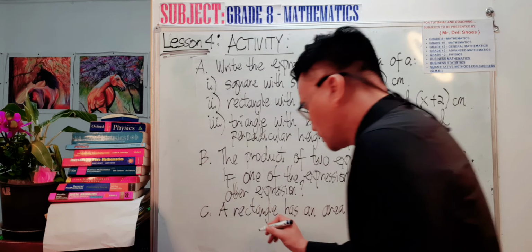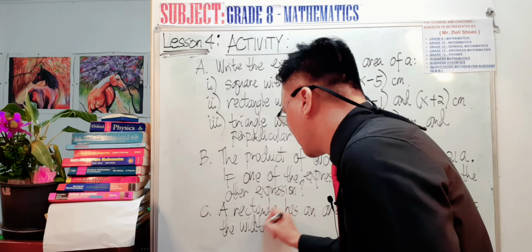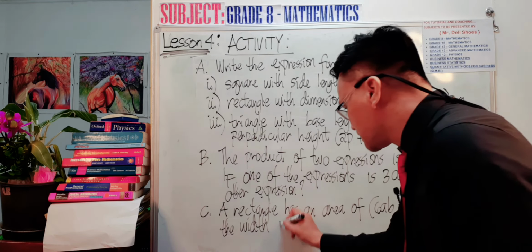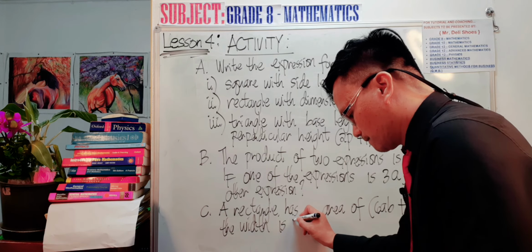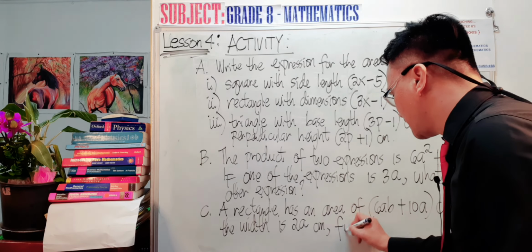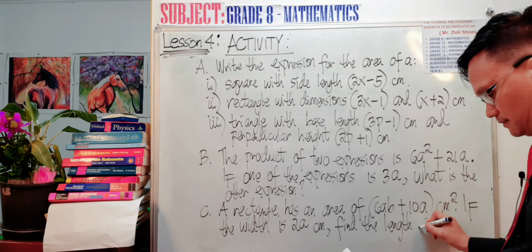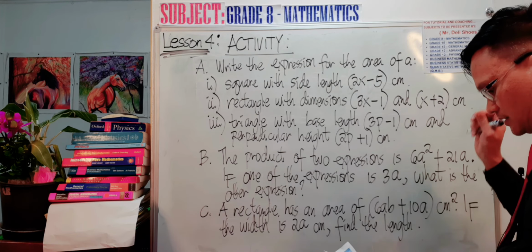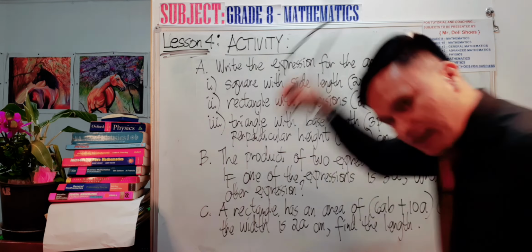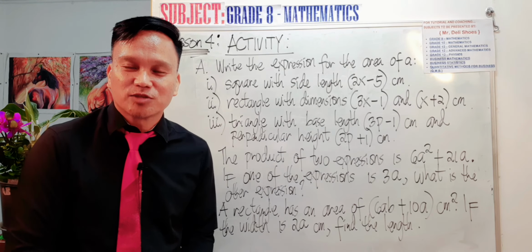If the width is 2 centimeter, find the length. 6ab plus 10a.